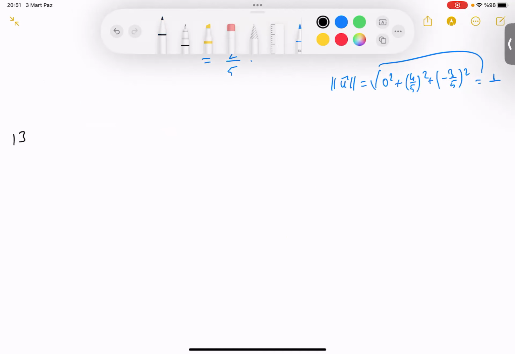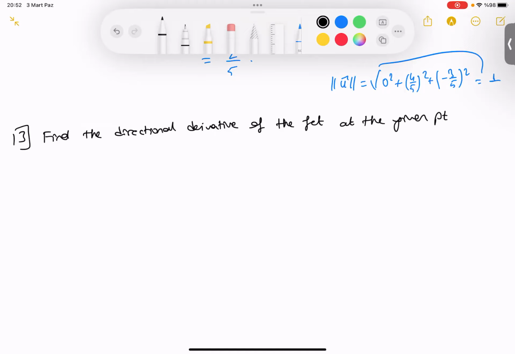And the third question, again, find the directional derivative of the function at the given point in the given direction.